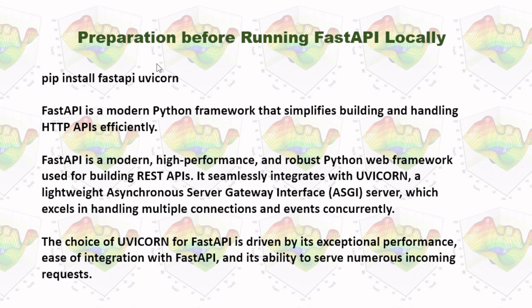Then we want to run FastAPI locally. We need to install FastAPI and UVCron. What is FastAPI? The FastAPI is a modern Python framework that simplifies building and handling HTTP APIs efficiently.